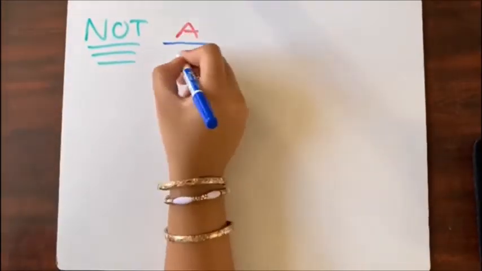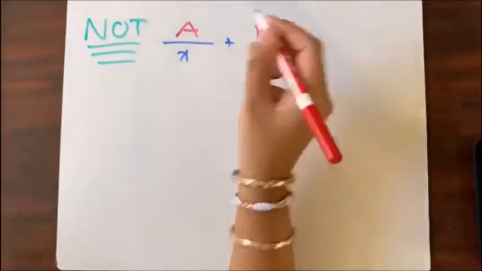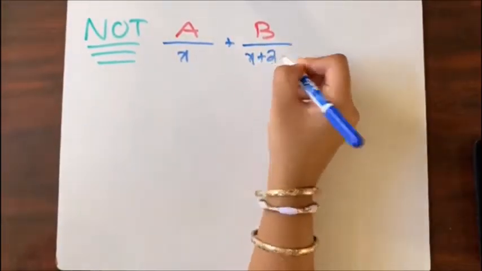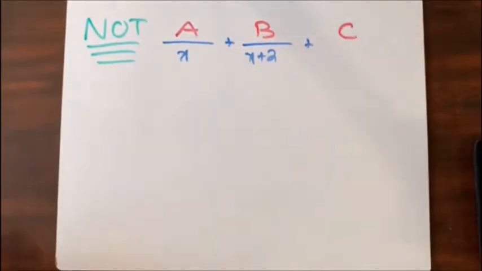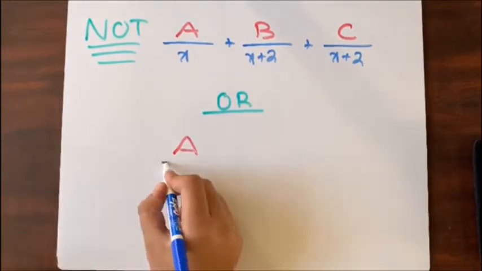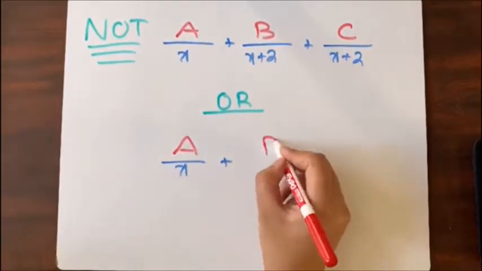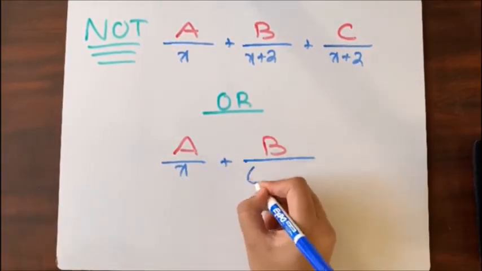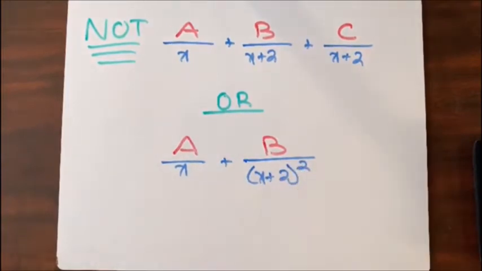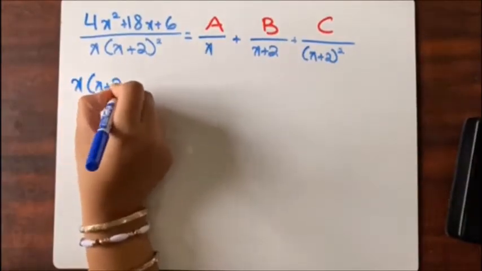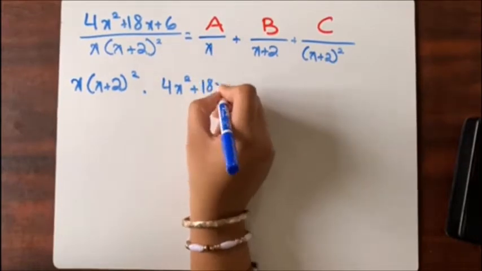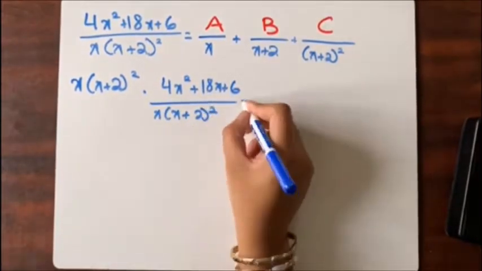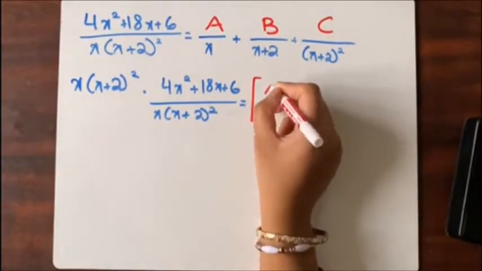Make sure you do one fraction for each power and avoid these following common errors. Now, we multiply both sides by x times x plus 2 squared.